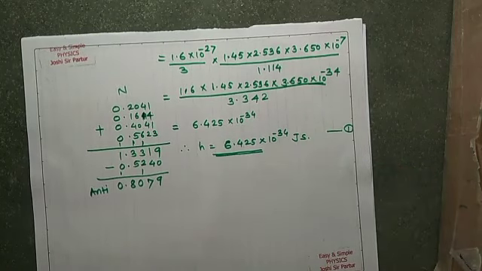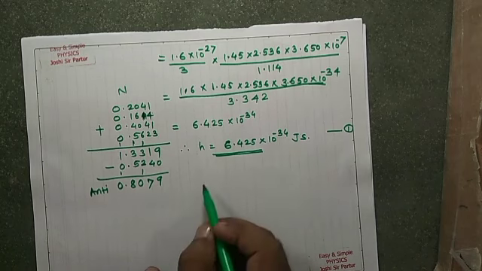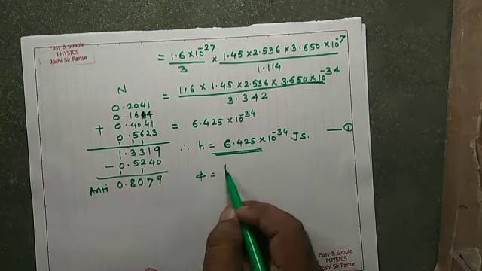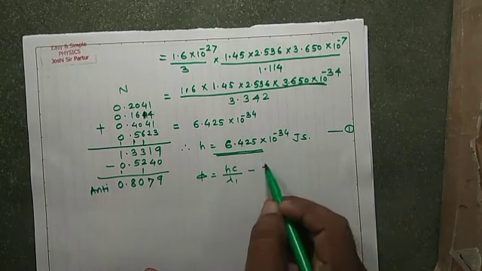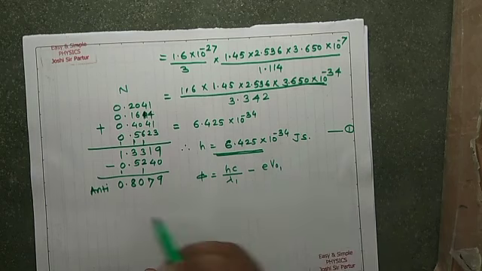So that we can find out value of phi. We know that phi is equal to hc upon lambda minus eV0.